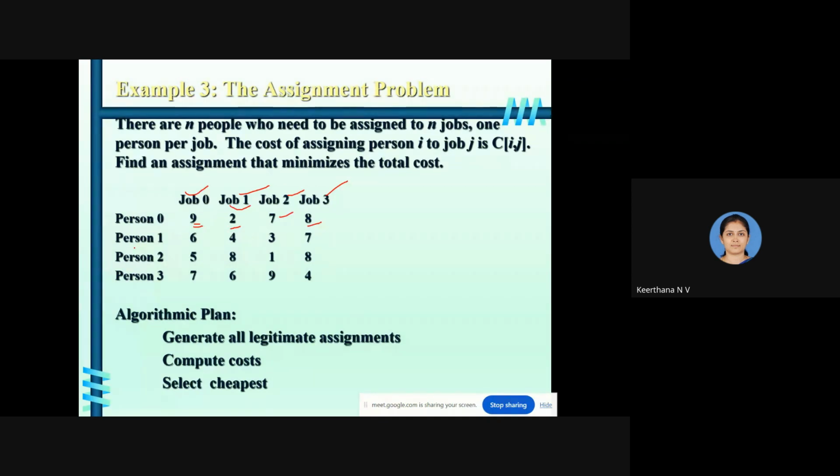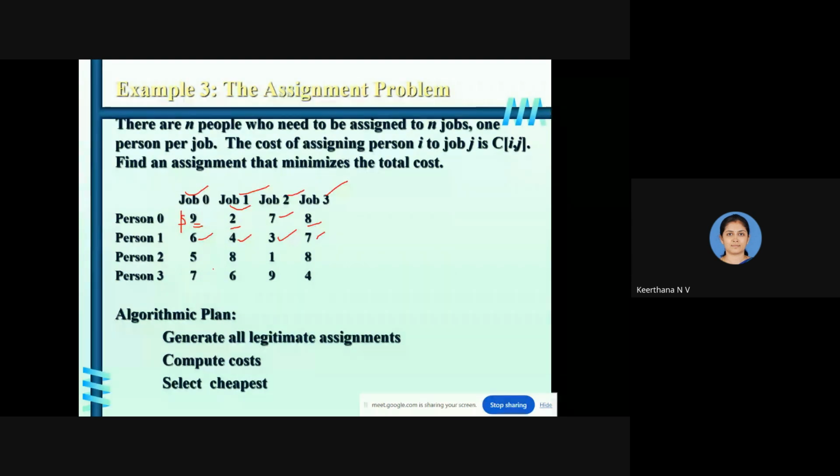The same thing for person 1. Job 0 is 6 rupees and job 1 is 4 rupees. It can be in dollars also. Any representation we can keep. Job 2 is 3 rupees and job 3 is 7 rupees.